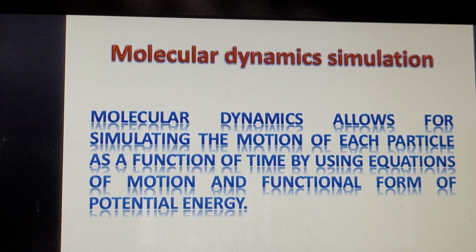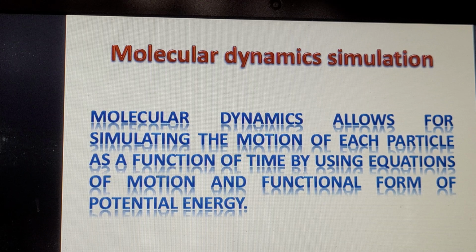Just by using Newton's law and the equations of motion, you can calculate the force and the potential, and you can simulate by calculating the motion of each particle as a function of time.